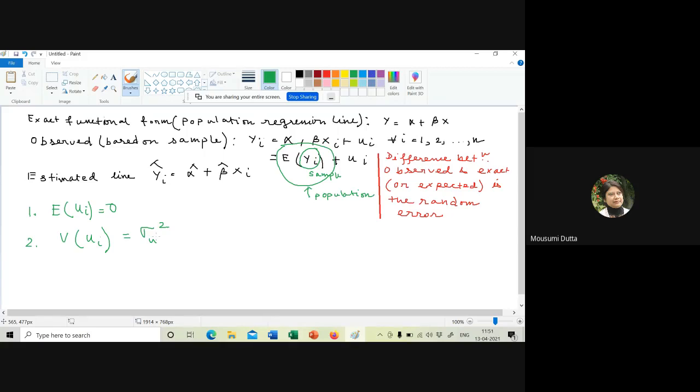As an example, I mentioned that if I consider the relationship between consumption and income at the macro level, the gradient indicates MPC, marginal propensity to consume. While I'm collecting the income and consumption data, people are coming from different income levels.